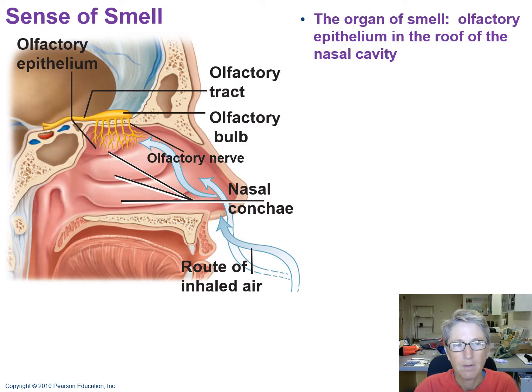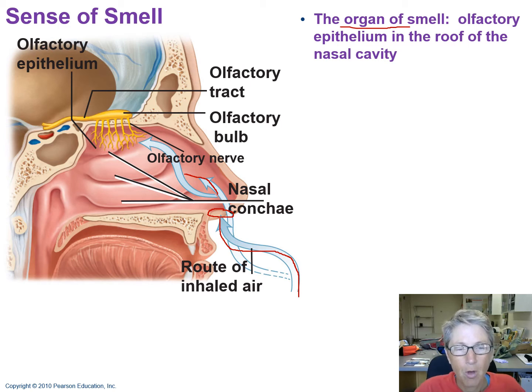So let's do the sense of smell first. The organ of smell is the olfactory epithelium in the roof of the nasal cavity. So here's the inhaled air coming through your external nares. The odorants in the air travel up your nasal cavity and through these three things called nasal conchae, which you'll talk about when you do the respiratory system in 202.